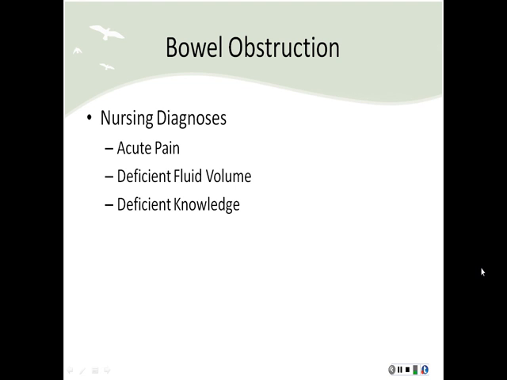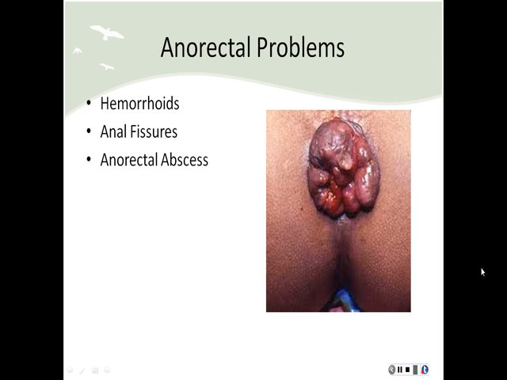Also, deficient knowledge or knowledge deficit can happen in regards to the condition, how to prevent constipation, etc. Assessment should include listening to the bowel sounds, palpating for distension or tenderness, assessing pain and vital signs, daily weights, again, looking at fluid volume status, and eyes and nose. If an NG tube is placed, then the gastric content that is coming out of the NG tube should also be assessed.